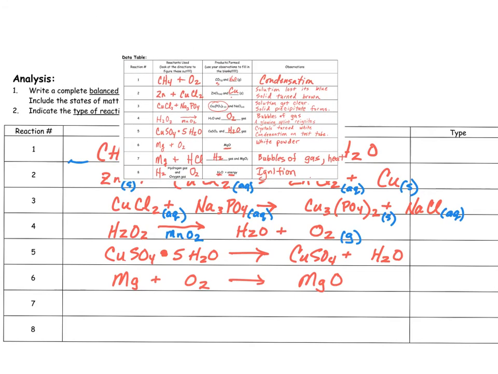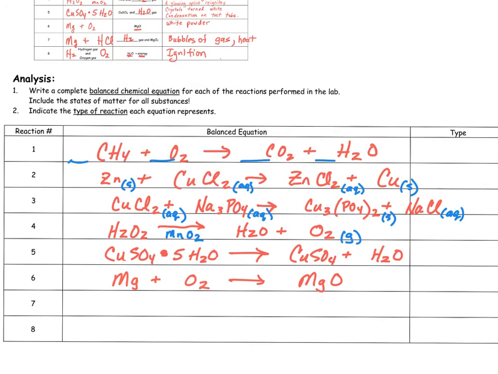Reaction number 7, magnesium with hydrochloric acid. That was the one that produced the hydrogen gas. So maybe we can include that in the equation, that the hydrogen is a gas. The magnesium chloride stayed as an aqueous solution in the test tube.